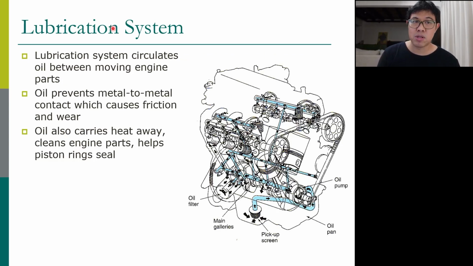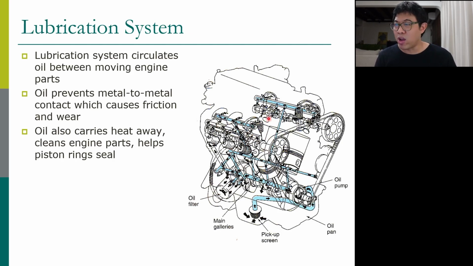lubricating system lecture. Basically in the lubricating system we use oil. We need lubricating oil, so we put lubricating oil in this oil pan under the engine. That's the lowest part of the engine. We use this oil pump to pump the oil, and then we send the oil through the filter to clean the oil, and then we put the oil everywhere.